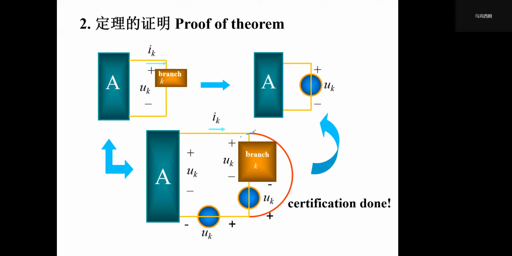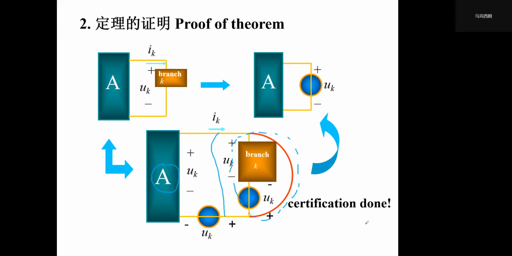We remove this part, and we can just short-circuit it. So the network A does not see any difference. Its voltage is still UK, right? And the current is still IK, right?